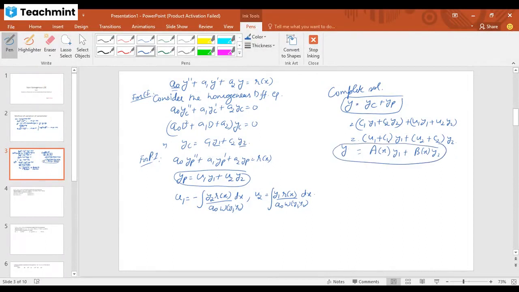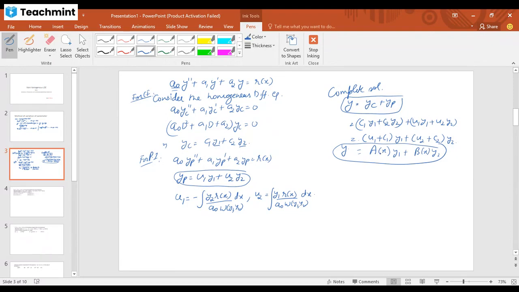Because c1 y1 plus c2 y2 is the solution of the complementary part, and u1 y1 plus u2 y2 is the solution of the particular integral. Sometimes the question is: for what values of a(x) and b(x) is y the general solution of the differential equation? While calculating the general solution, we need to add an arbitrary constant in the formulas of u1 and u2.